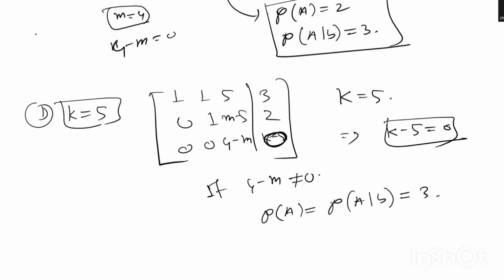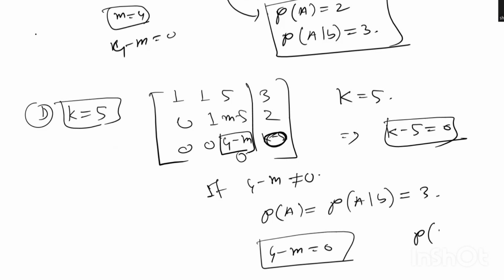So in this case, if 4 minus m is not equal to 0, the system has a solution, so it is consistent with a unique solution. One more case is possible: if 4 minus m equals 0, then the rank of A is 2, because there are two non-zero rows, and the rank of the augmented matrix is also 2.